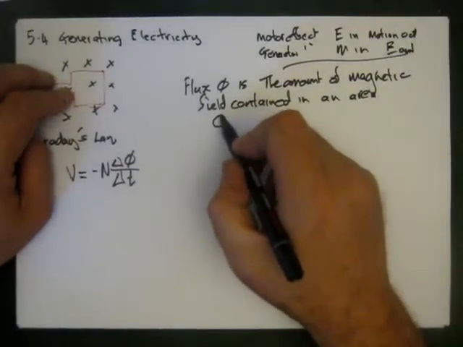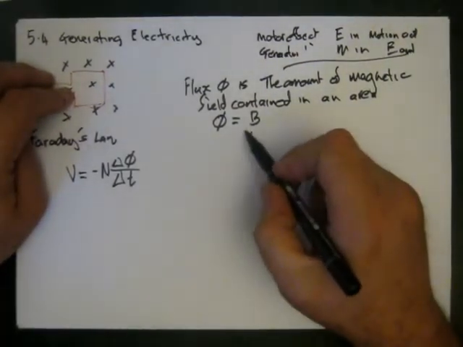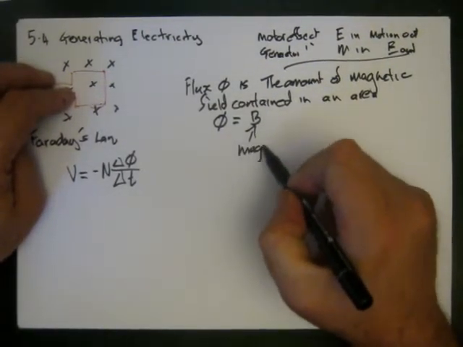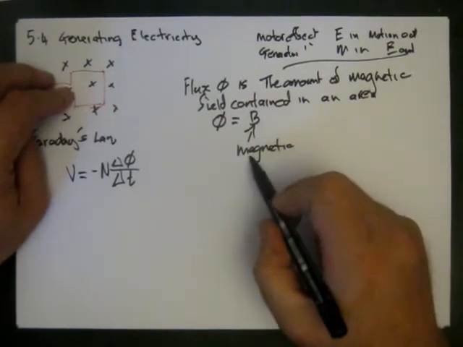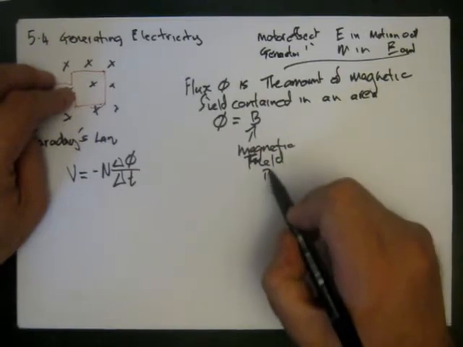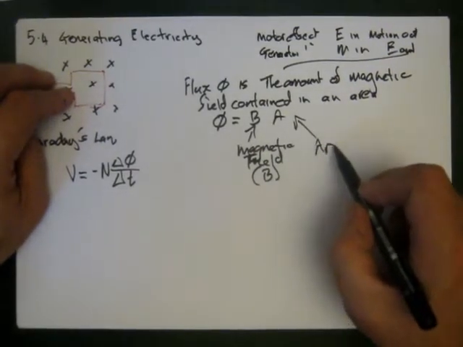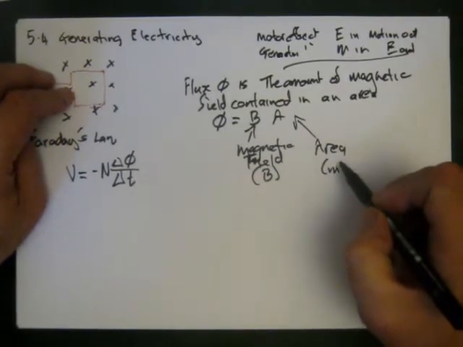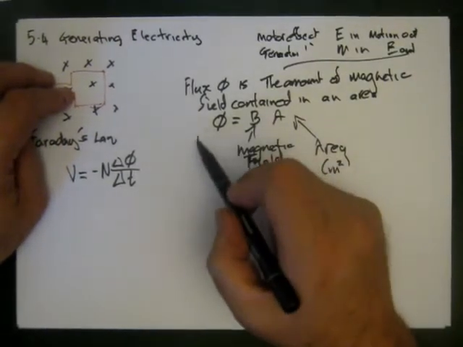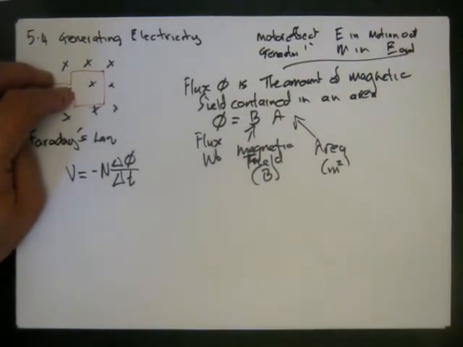So flux is going to equal the magnetic field, and that's given in Tesla, times the area of the loop. And that's going to be in meters squared. And the unit for magnetic flux is going to be Webers.